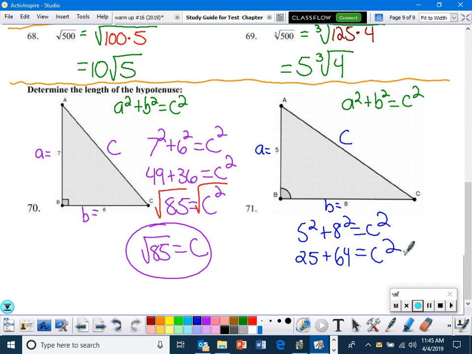Add those together. I believe that adds up to 89. Take the square root of both sides. Okay, 89 cannot be simplified any further, so our answer is simply the square root of 89.